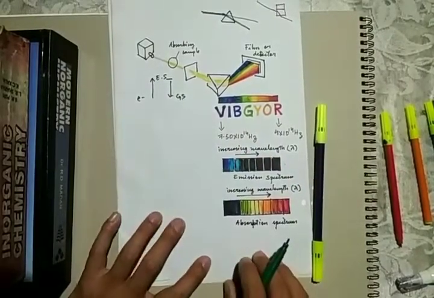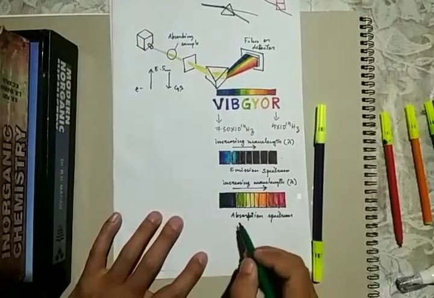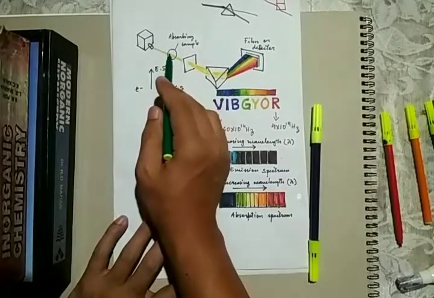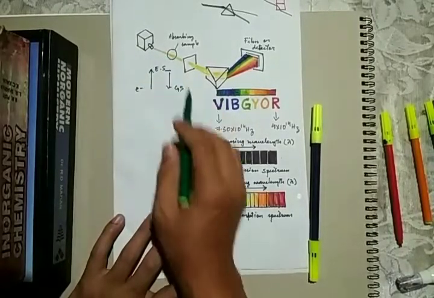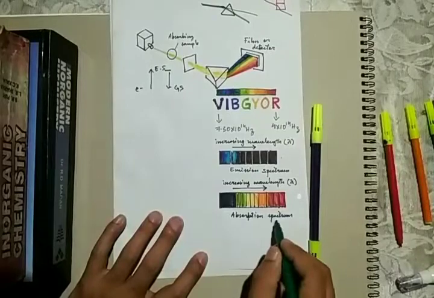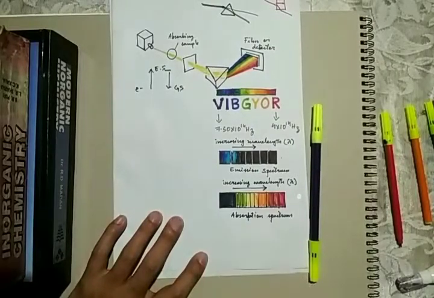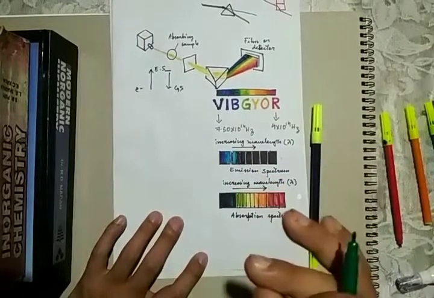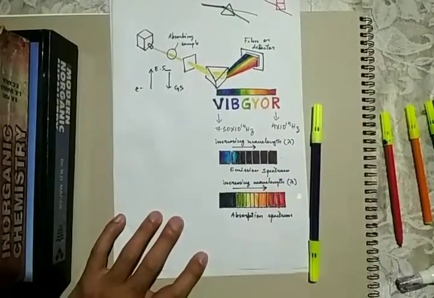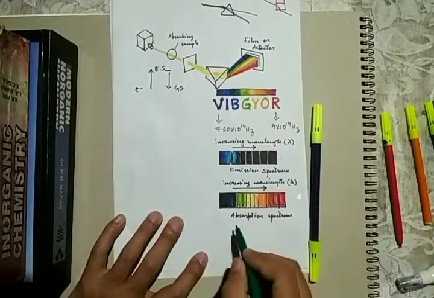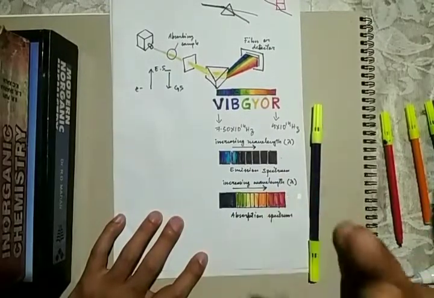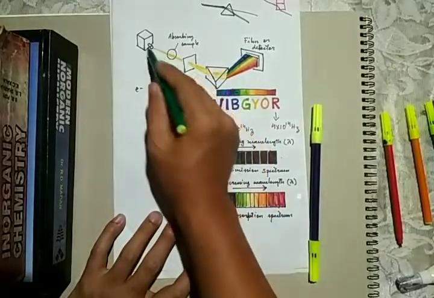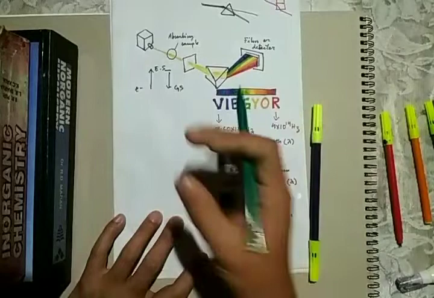Let us suppose a sample absorbing white light; it will then give an absorption spectrum. Suppose an atom in a gaseous state absorbs certain quanta of photons or light.